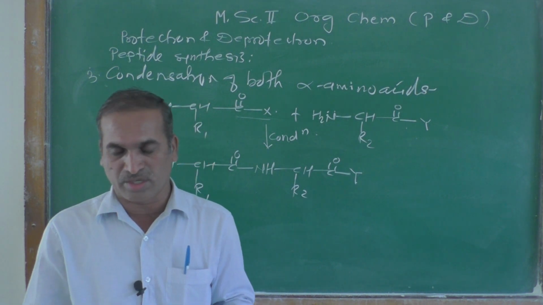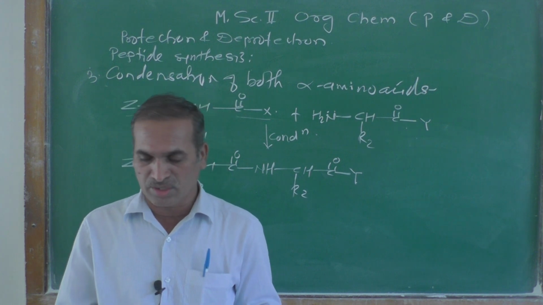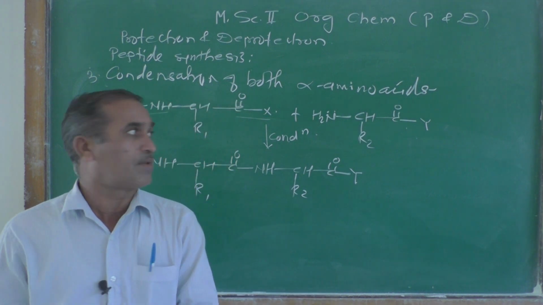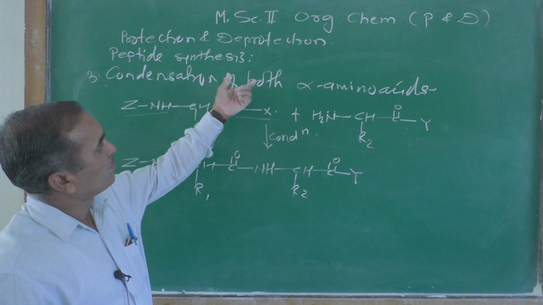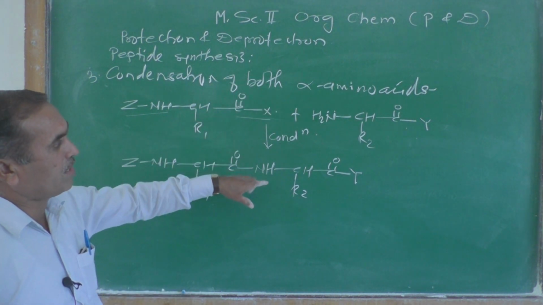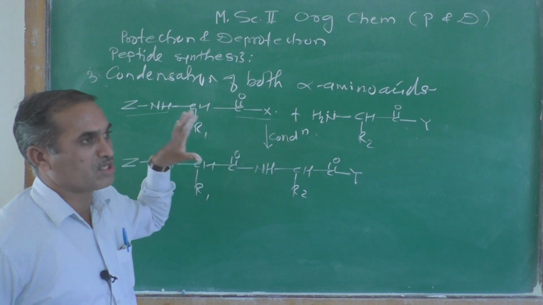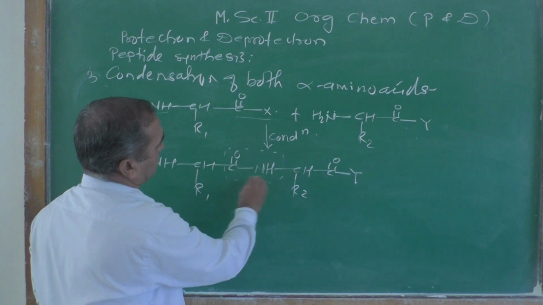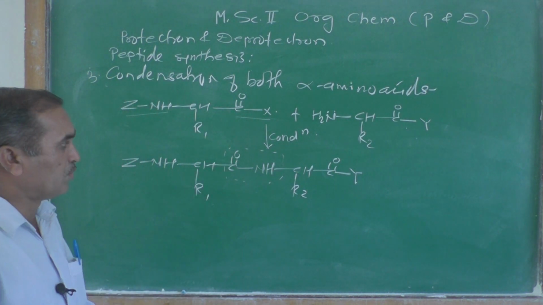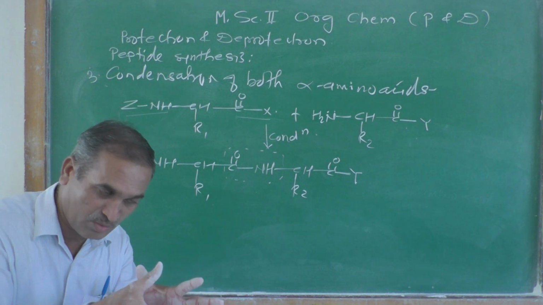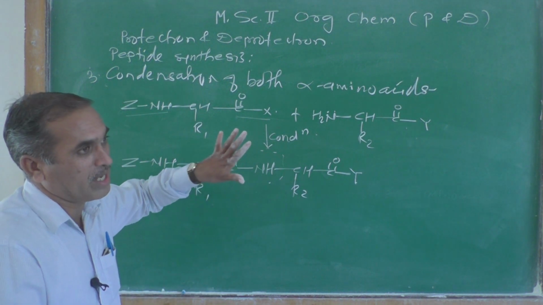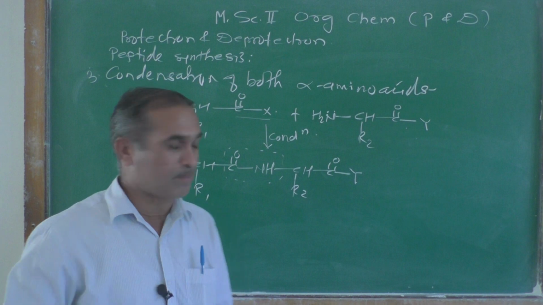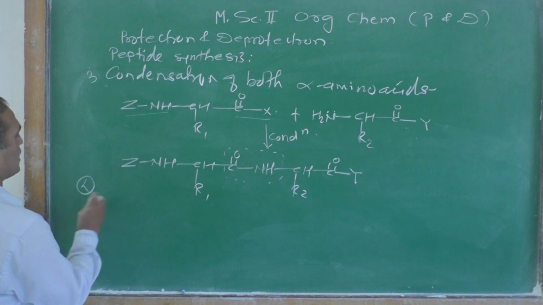In the third step, condensation of both the alpha amino acids is carried out, and we get the desired peptide, and the bond formed is a peptide bond. Now we condensed two amino acids together and got one peptide bond formation. Now the next step will be the deprotection. Step number four is deprotection.